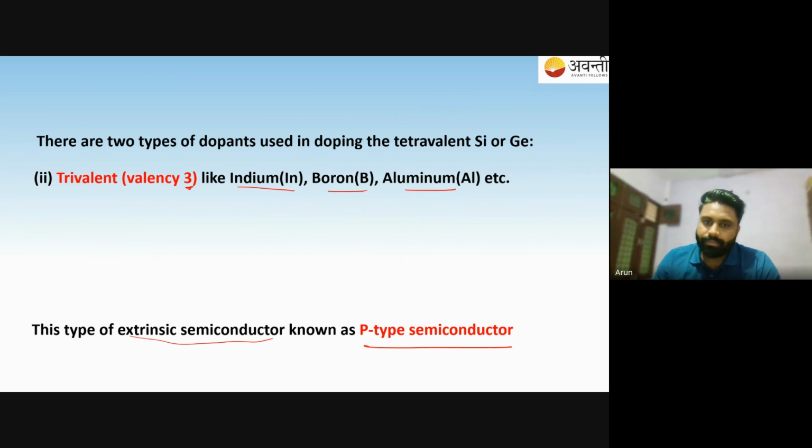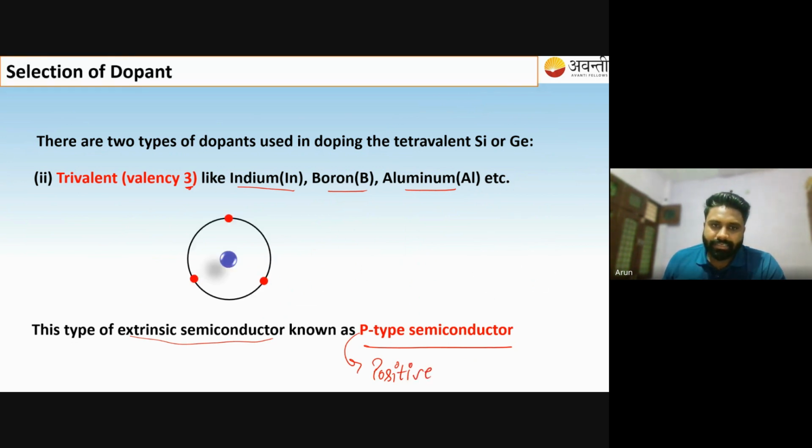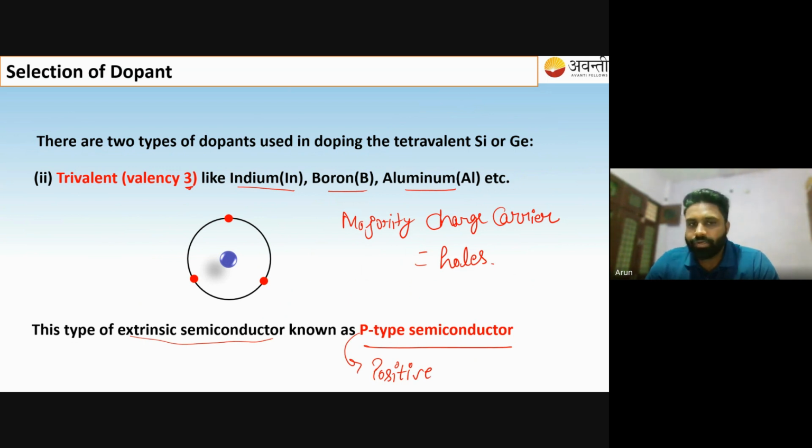Why p? P means positive. So here the majority charge carrier is the hole. Okay. So these are the majority charge carriers.